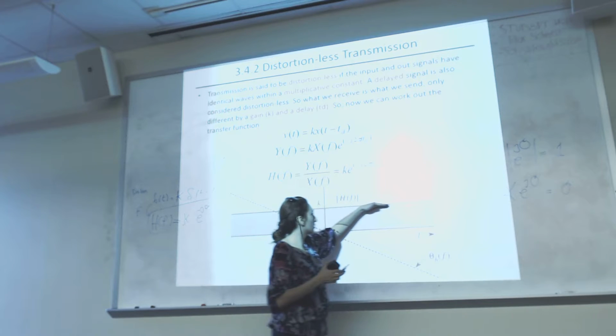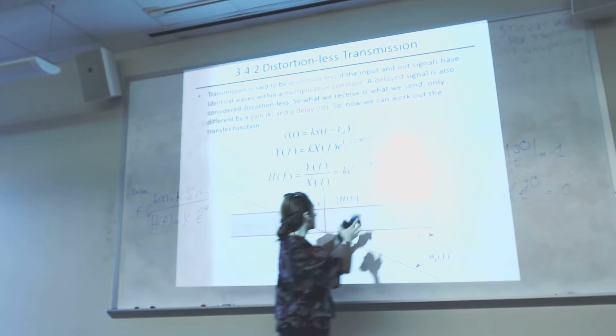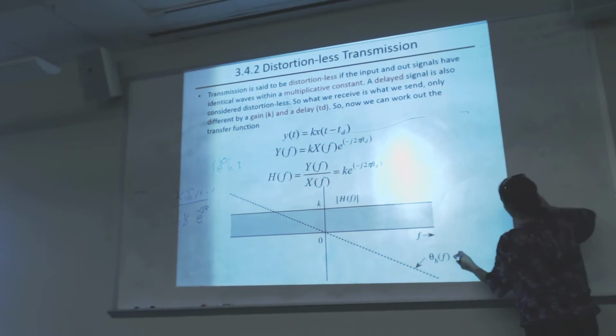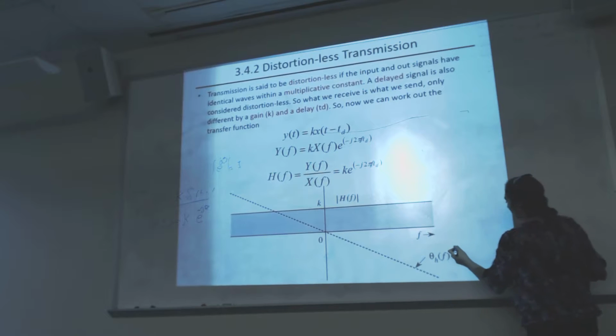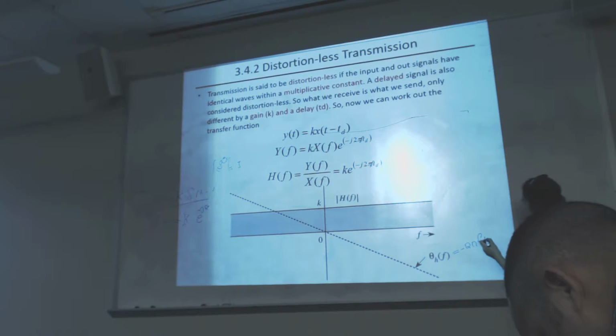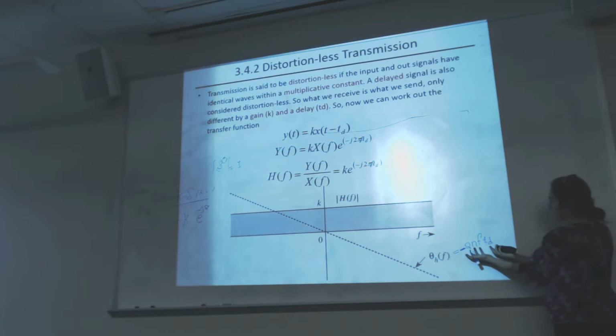This is the magnitude, a constant, and the phase theta of f is minus 2 pi f td. Minus 2 pi is some number, and td is some number again.